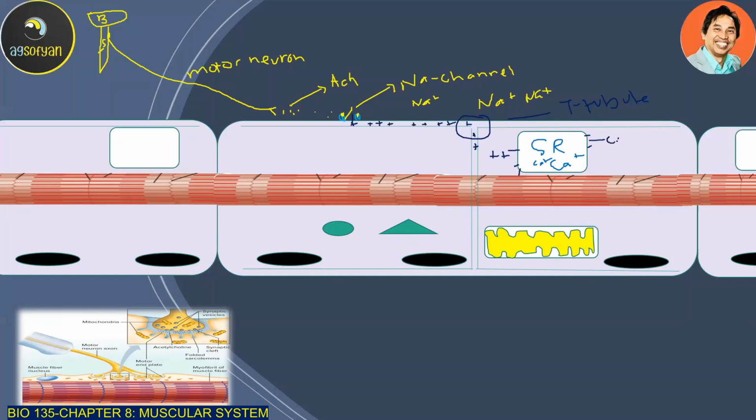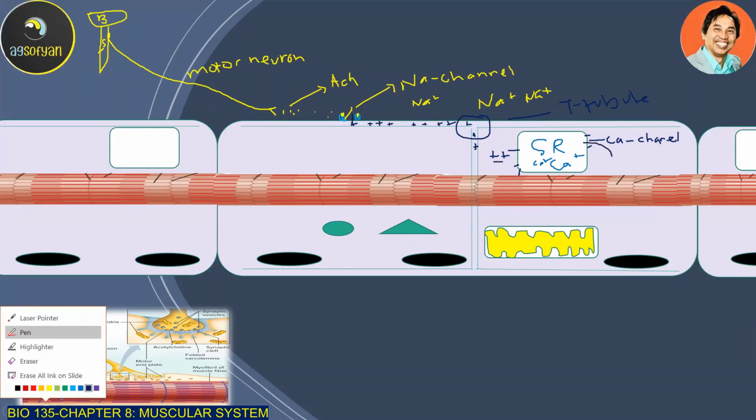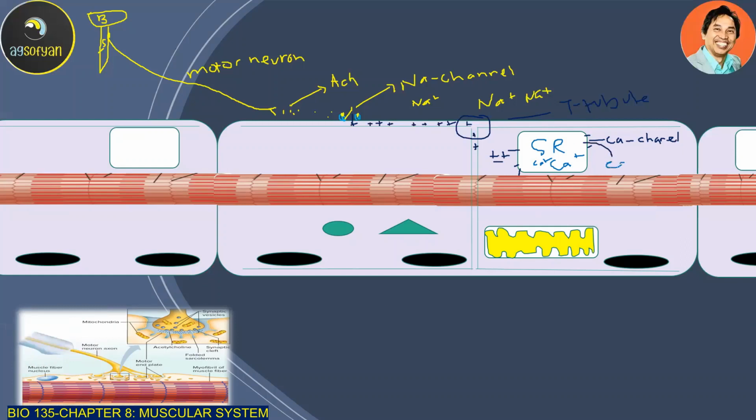Yes, this is the calcium channel on the SR. When the calcium channel opens because of this sodium, then calcium will come out from the sarcoplasmic reticulum and bind to the troponin.